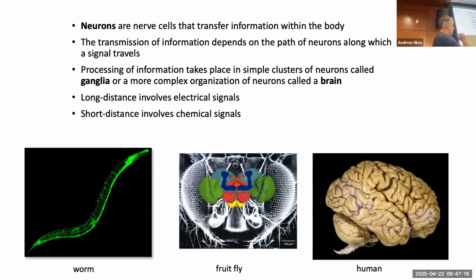So if we have a large structure like this, it's called the brain. If we zoom into a brain, there can be smaller structures that are collections of neurons that together accomplish one particular function. Usually this is on the order of thousands of neurons collected together in one spot. That's called a ganglion. Fruit flies have ganglia, and humans have ganglia too.